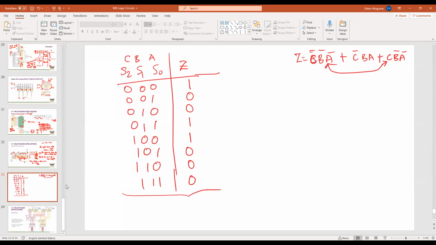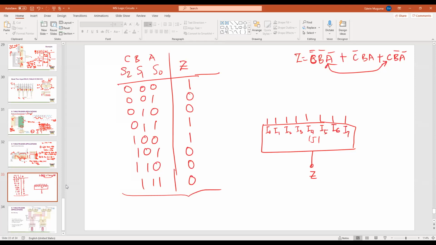And so you would have your 151 multiplexer, which gives you output Z. And here you have 1, 2, 3, 4, 5, 6, 7, 8, which is I0, I1, I2, I3, I4, I5, I6, I7.